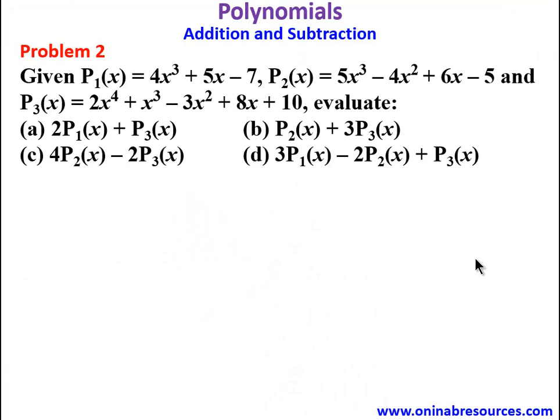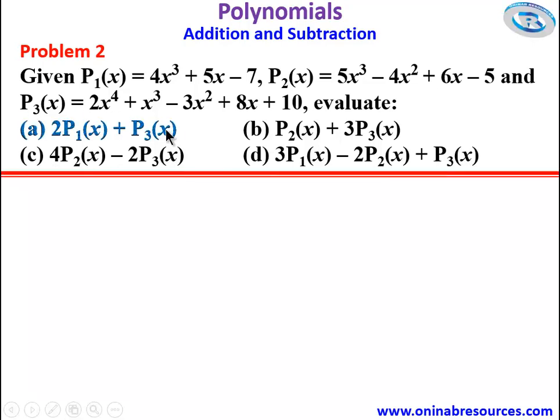For problem 2, given P1 of x is equal to 4x squared plus 5x minus 7, P2 of x is also given, and P3 of x. But to evaluate A, 2P1 of x plus P3 of x, B, C, and D. So we start with A part of the problem. For A, we have 2P1 of x plus P3 of x.